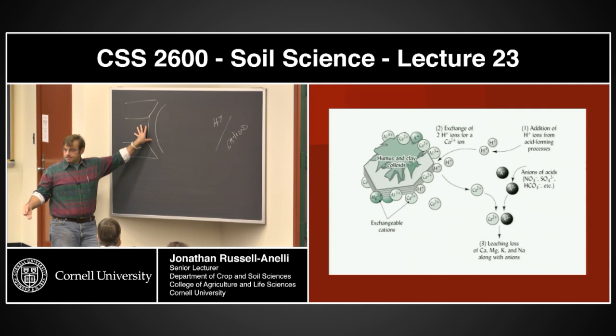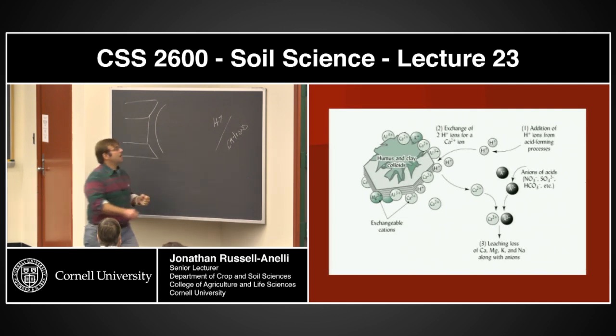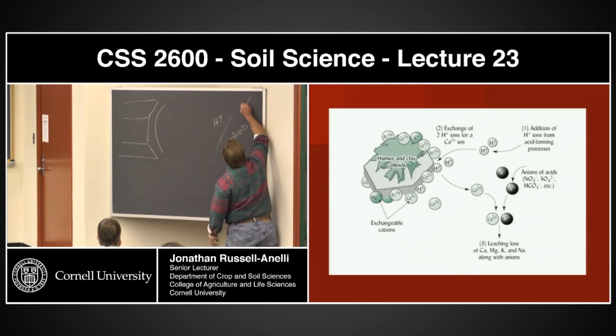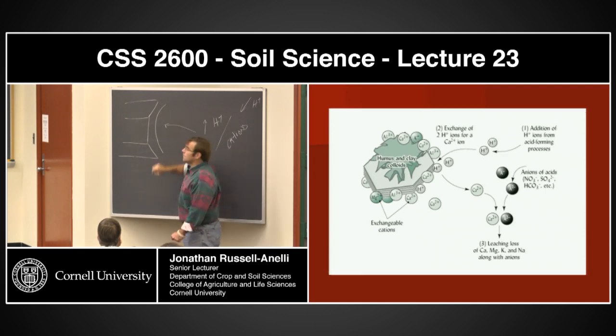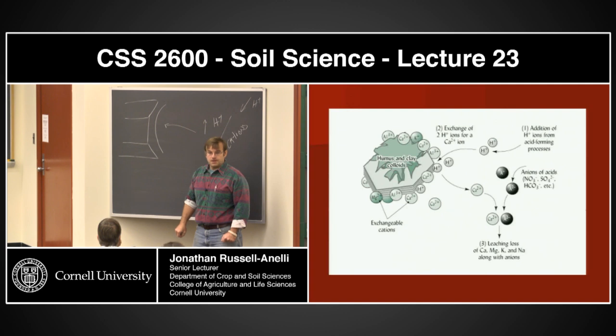Make sense? Now, what happens when I start adding protons? I lower the pH, I start adding protons to this. The relative concentration of these is going to go up, right, compared to these. But that means that more of these protons are going to start exchanging over there, right?